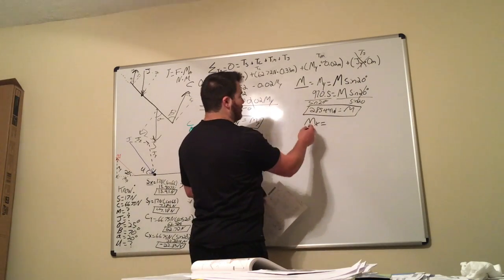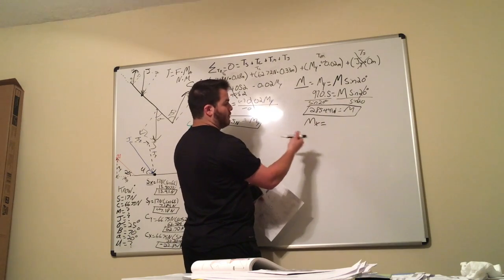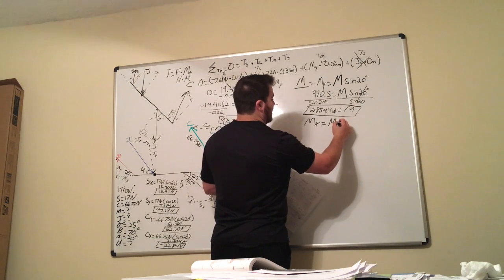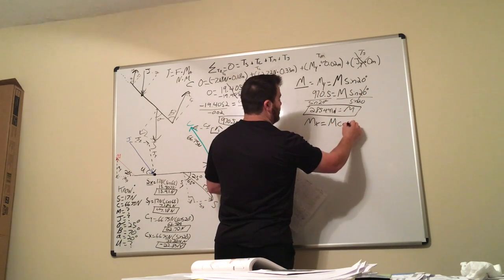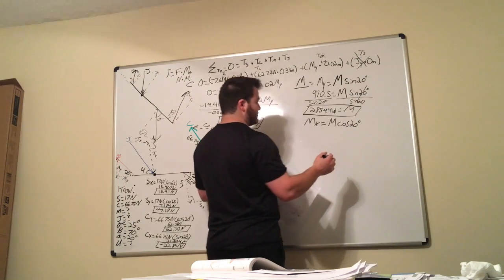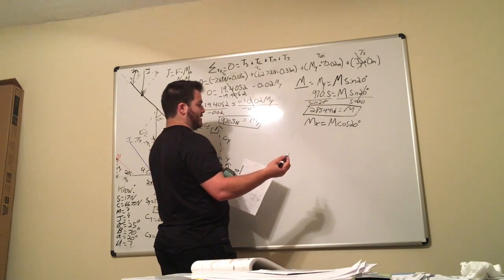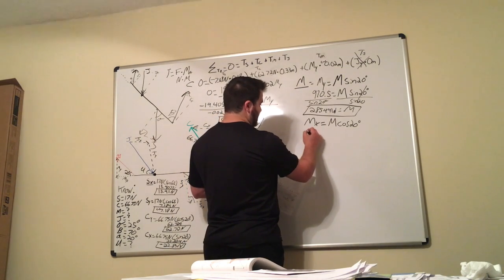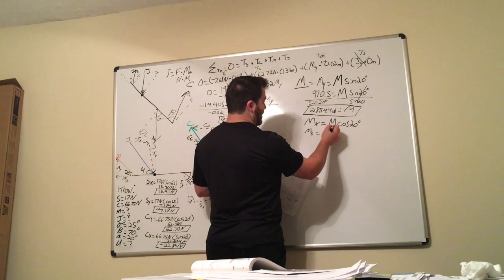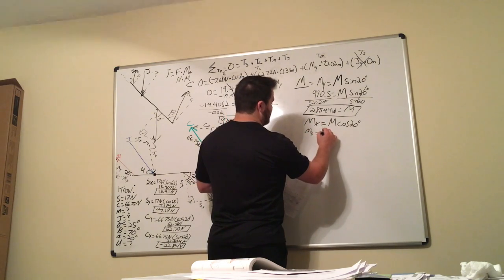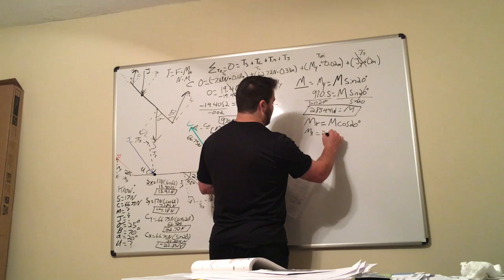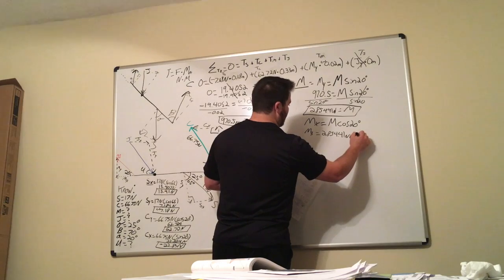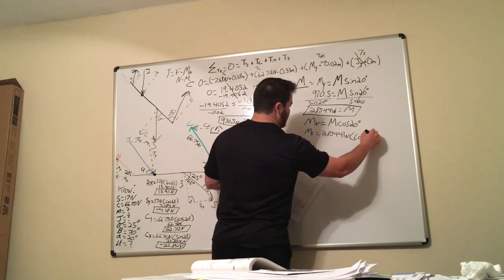M of x, our cosine portion, is going to be our hypotenuse, which is M, times the cosine of 20 degrees. And now we can sub it again. M of x we don't know, so we're going to leave this as M of x, and that's going to be equal to M, which we just found is 2,854.41 newtons times your cosine of 20 degrees.